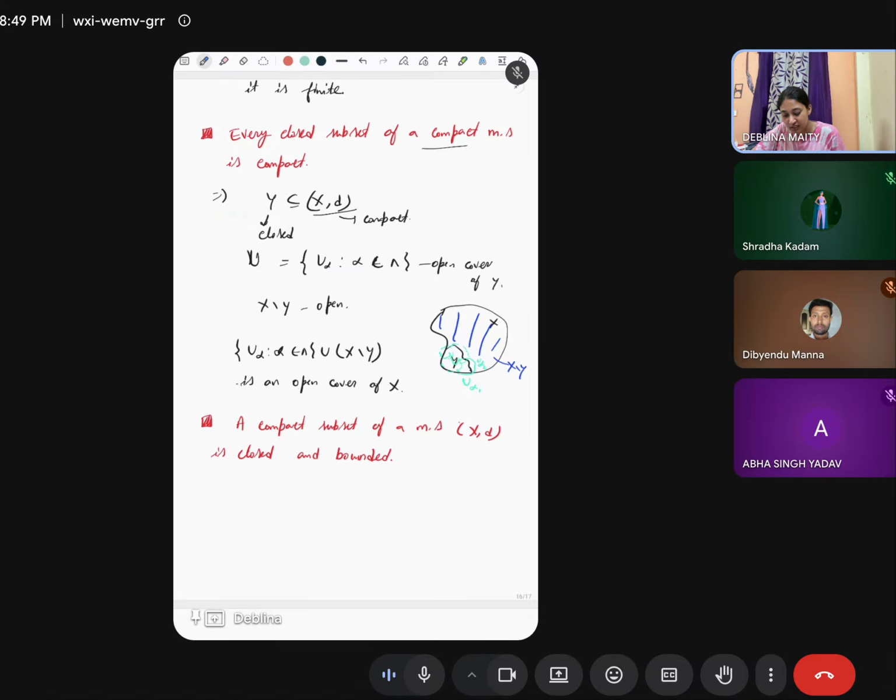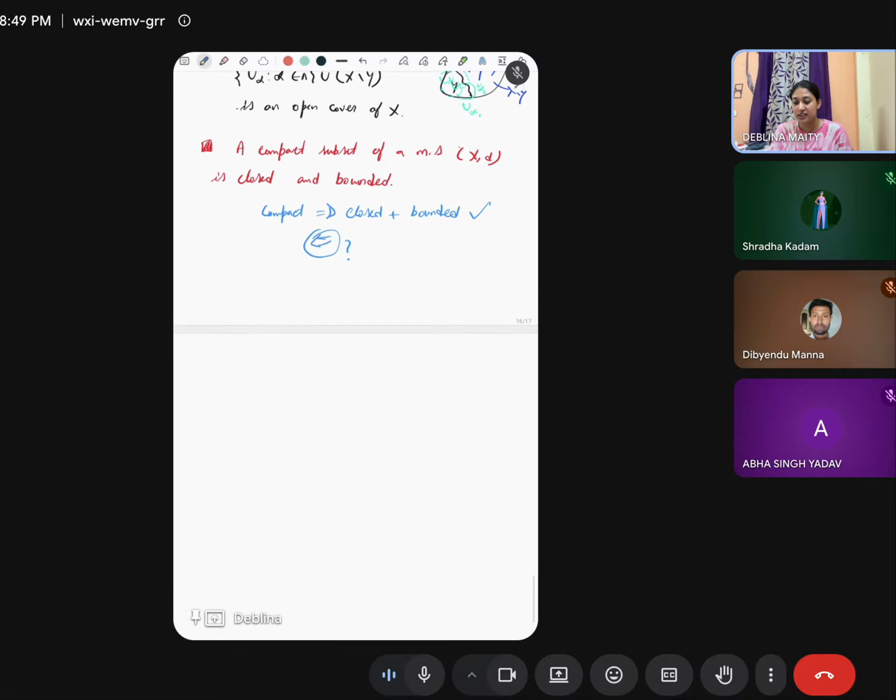Now the question is, compact means closed and bounded, always closed plus bounded, this is true. Now what about the other part? If a metric space is closed and bounded, does it mean it is compact? This is not generally true.